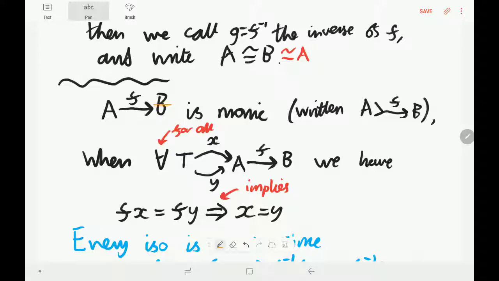A monic into B represents a sort of part or sub-object of B. We'll see more about that later.